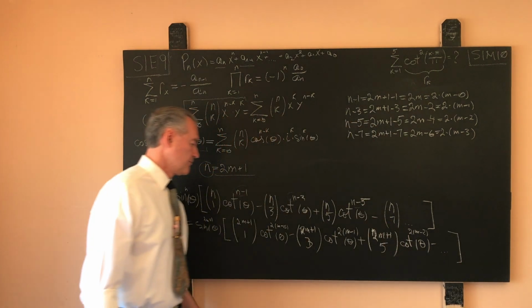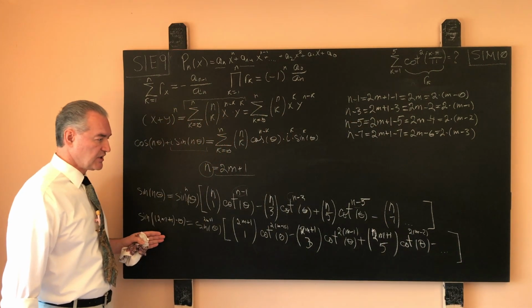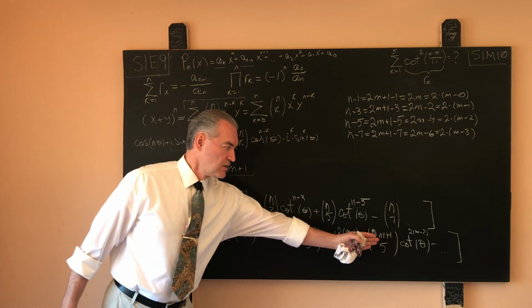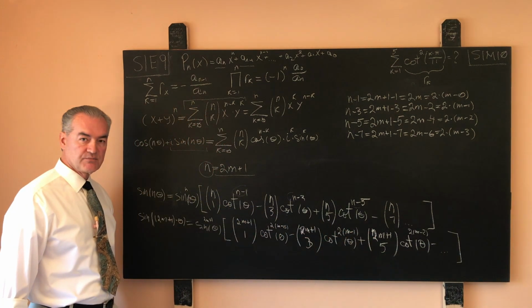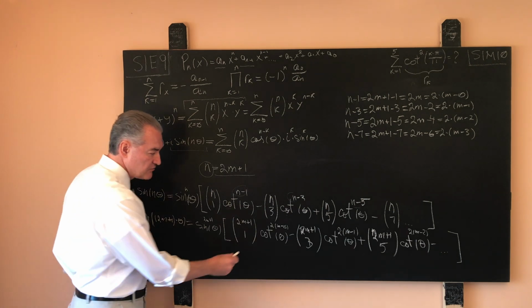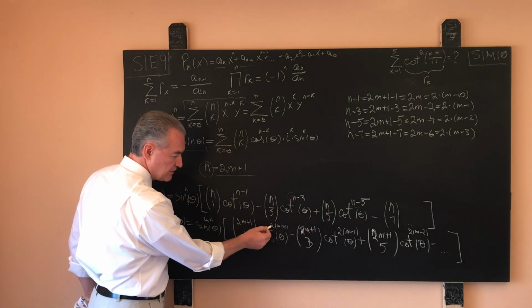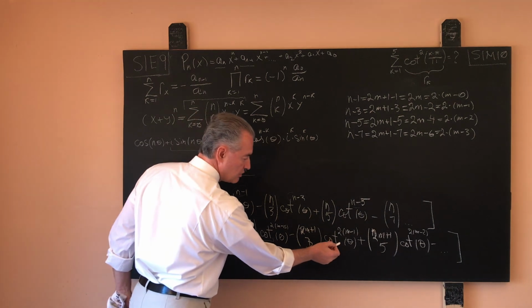But now, all of a sudden, what do we see over here in the bottom expression? We see that each and every cotangent is raised to an even power.